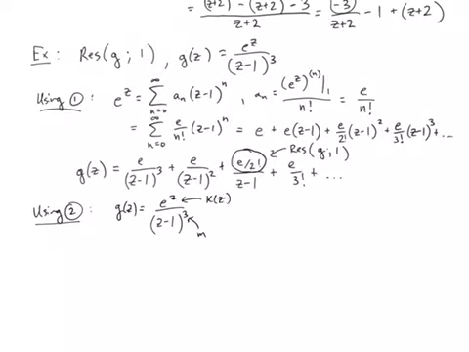So all we have to do to find the residue, the residue of g at 1, is equal to the second derivative. So we have e^z. We have to take the second derivative of that. We evaluate that at 1, which is our z₀, and then divide by the same 2 here, second derivative, 2 over 2 factorial. Right? And of course we're going to get the same thing that we got before. This is e over 2.